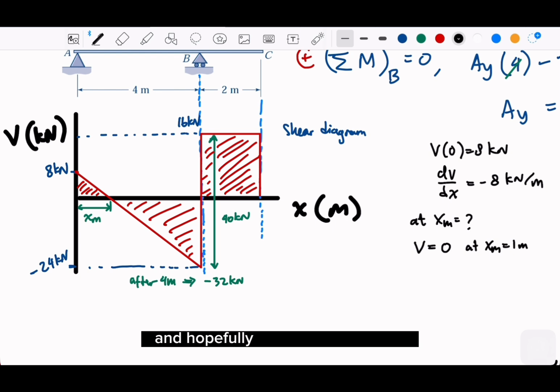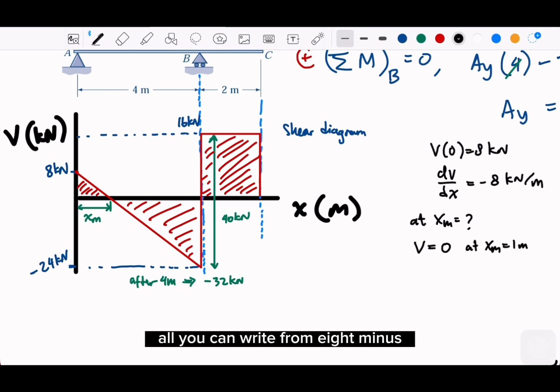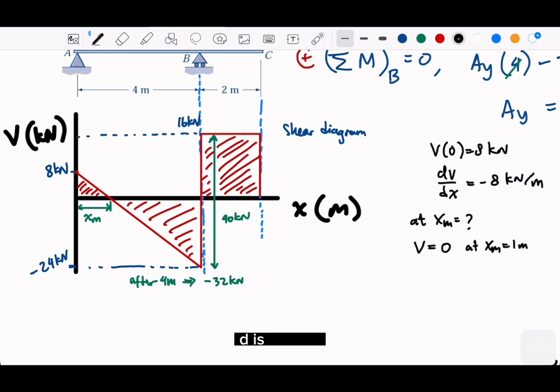And hopefully, as long as you mention all the necessary numbers, I think it should be okay. It will also be okay if you want to write down how we get the -24. For example, here we get -24 from -32 plus 8. Or you could write 8 minus 32 is -24, and then -24 plus 40 is 16, and then 16 minus 16 is 0.